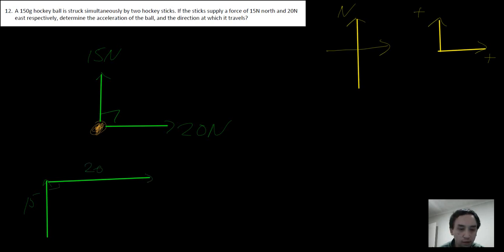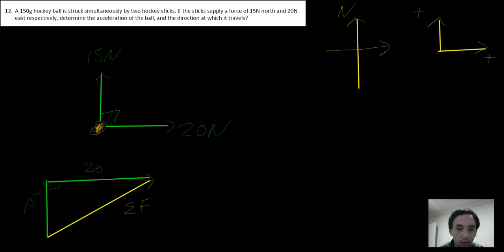And if you add two vectors, remember, connect the head and tail of the two vectors, and then the resultant vector will be from the tail of the first vector to the head of the second vector. This is your net force.